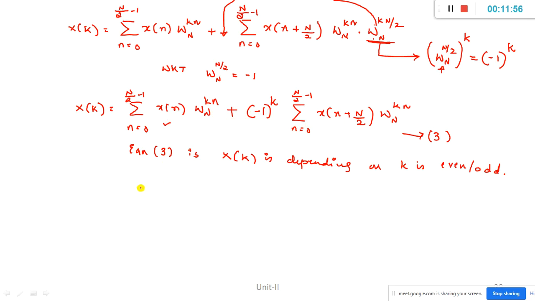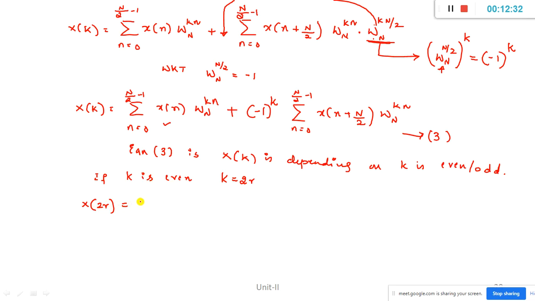So what we do is, let me take k is even. If k is even, how do you write the k sequence as even? Mathematically, if I want to represent any even sequence, I will represent some factor that is multiplied by 2, and I consider that factor to be r here. Now, which means x of 2r, I'm trying to take only the even sequences.